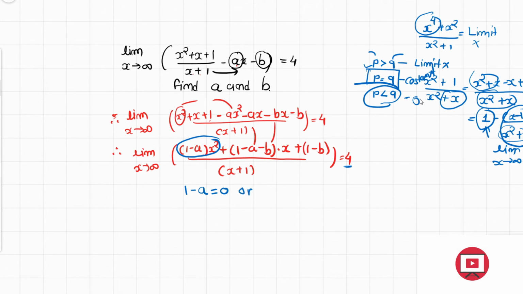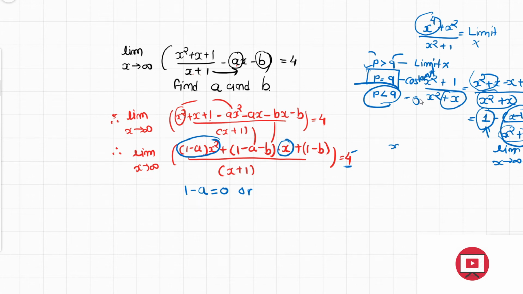Or the second thing, let us say this is x. Now we want to get answer 4.